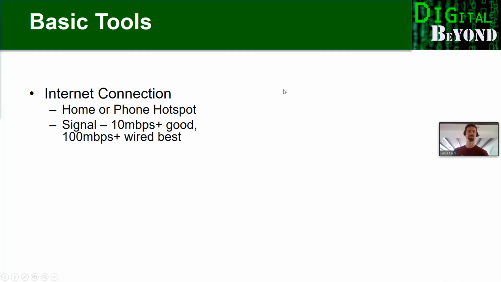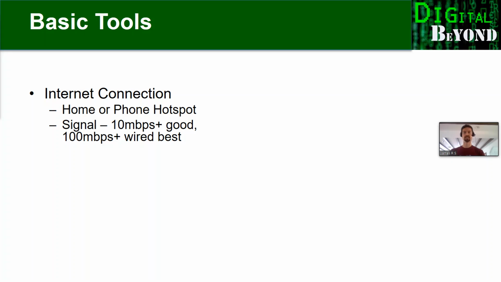So one of the first things we should know is that we'll need to be connected to the internet. So either a home internet, or if you have your phone, maybe you can use it as a hotspot. You want to make sure though that you have a good signal. There are some speed tests out there. So speedtest.net is one that I've used in the past.